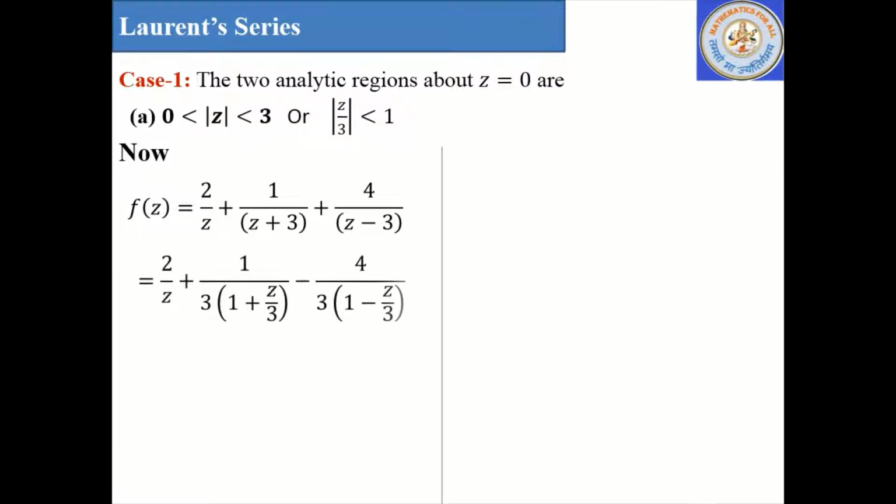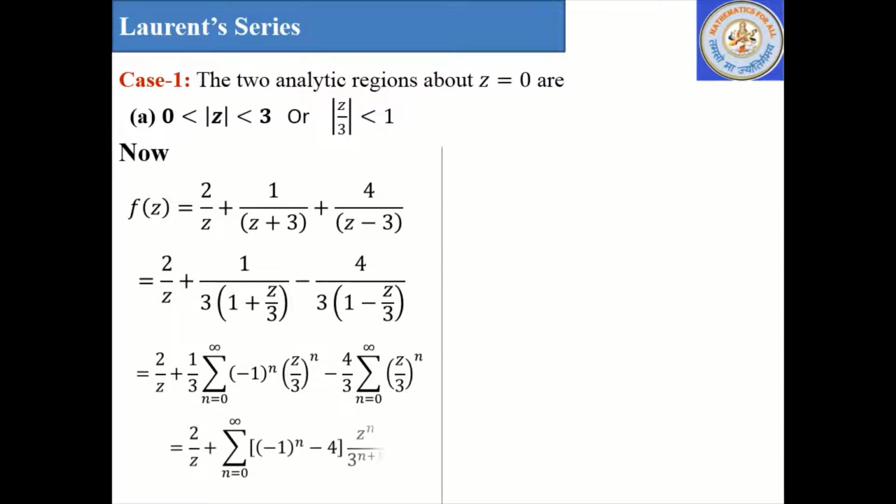We deal with the last two terms, taking 3 common: 1 upon 1 plus z by 3, and minus 4 by 3 times 1 upon 1 minus z by 3. When we expand, the denominator term goes to the numerator as (1 plus z by 3) power minus 1 and (1 minus z by 3) power minus 1. So we can write it in summation form. Here you can stop as a Laurent series, or you can merge the two summation parts.